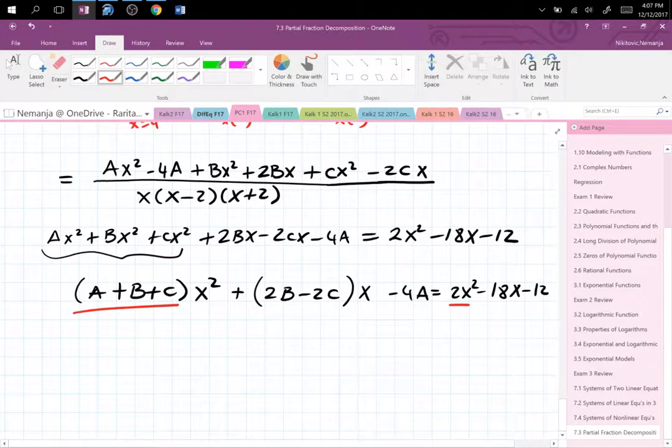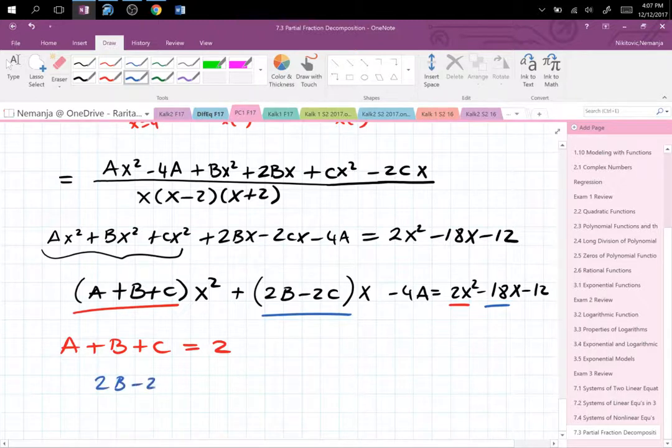Red with red, which is the red equation. Blue with the blue, that's 2b minus 2c equal to negative 18. And purple with purple, which is negative 4a equals to negative 12.